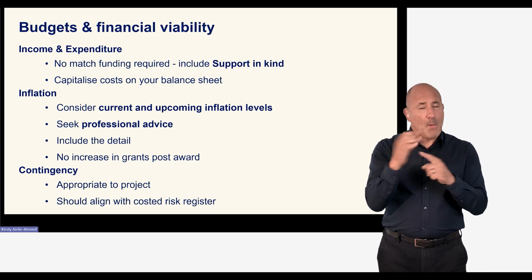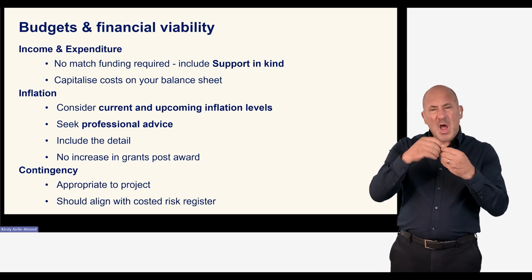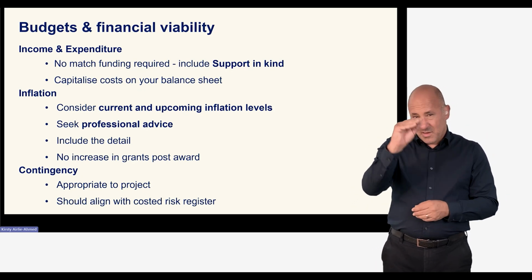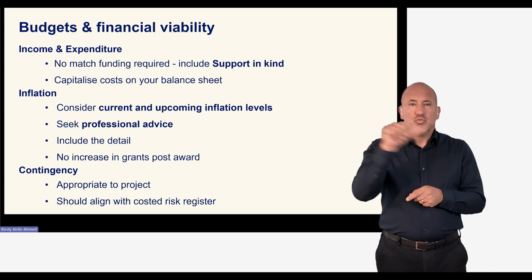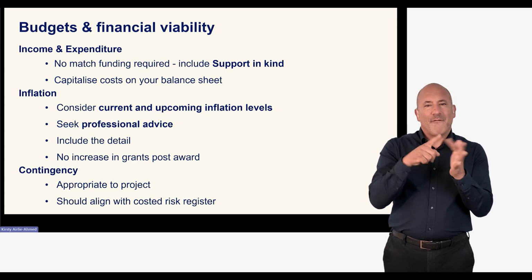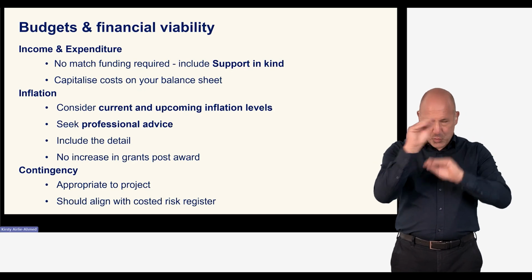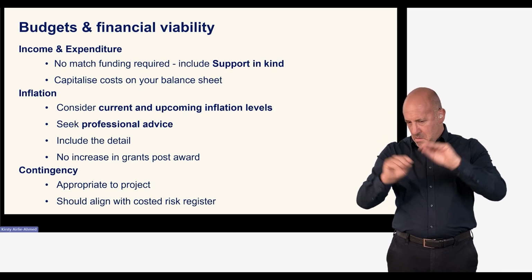It is important that in your application you show clearly what your inflation figure is and how it has been calculated. Please be aware that inflation should be considered as separate from general contingency. This will help us to understand your budget and the appropriateness of your figures.